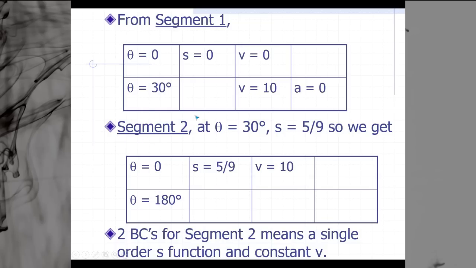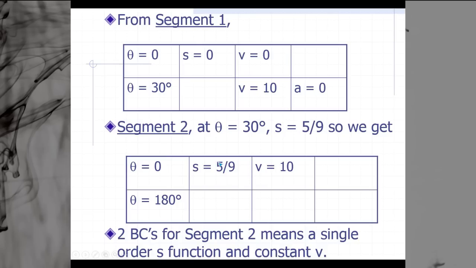Now we can turn our attention to the constant velocity portion. From segment 1, we had s equals 0, v equals 0, and at theta equals 30, v equals 10, a equals 0. Now for segment 2, it begins at the end of segment 1, so it begins when theta is equal to 30, and the s that it begins at needs to be determined, and we have an s equals 5/9 here.